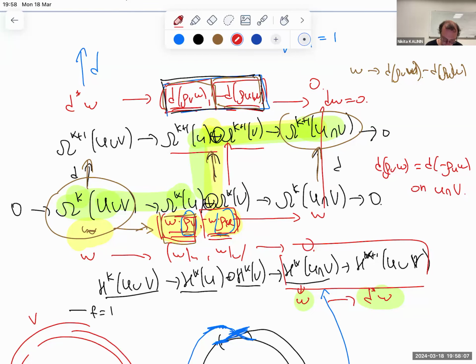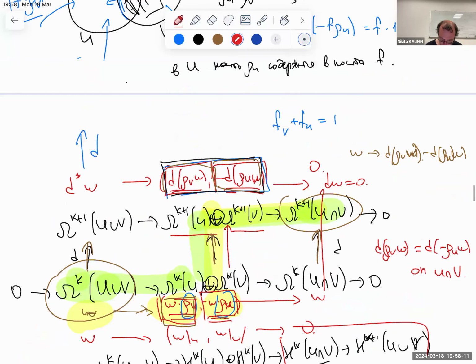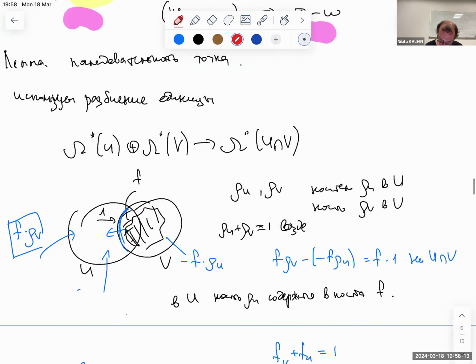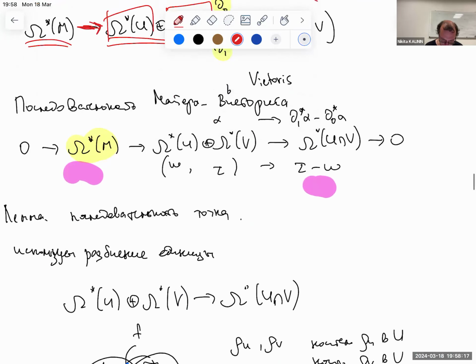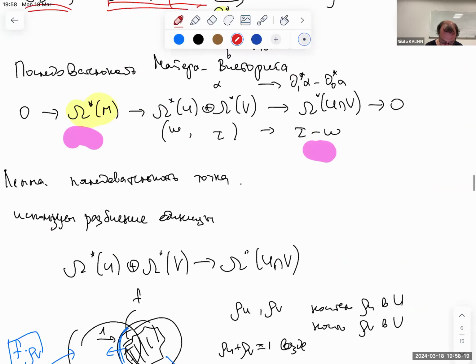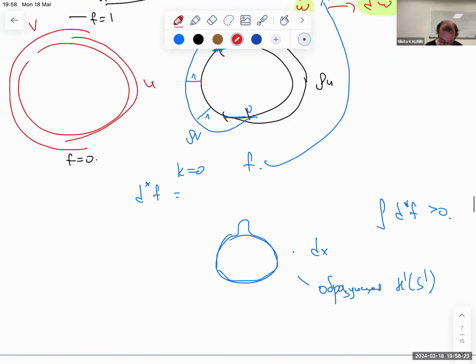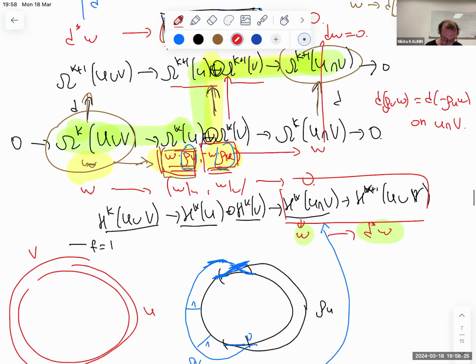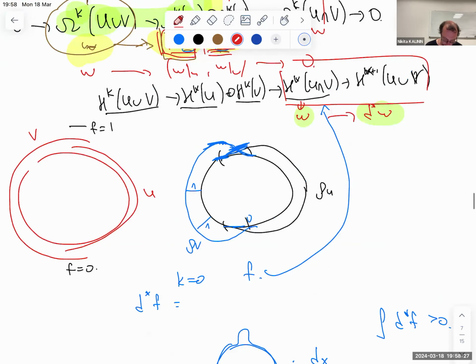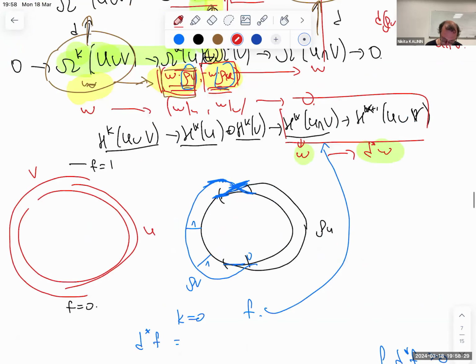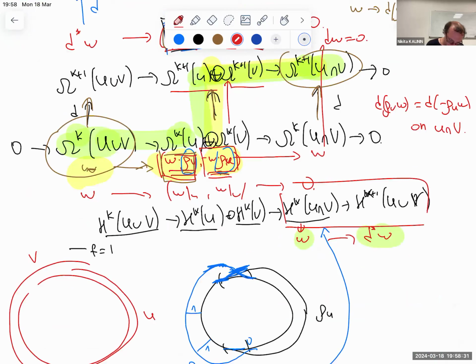So here it goes. This D upper star is defined as I said.